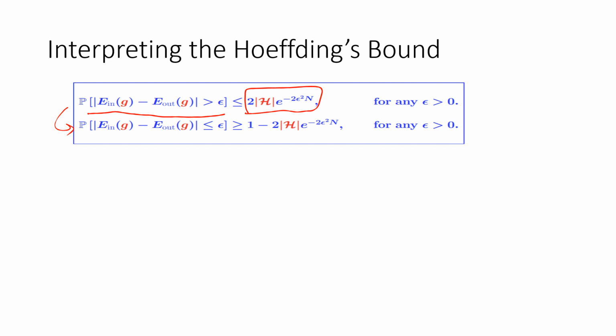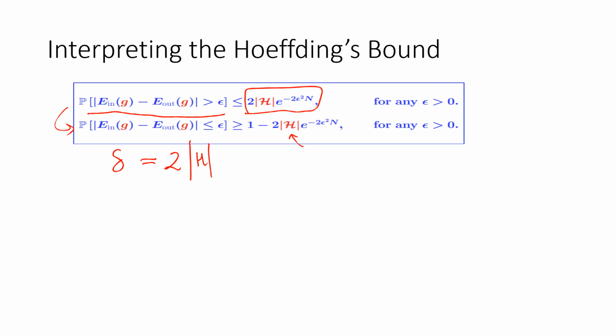Okay. So now I'm going to state a theorem here that will further add to our understanding of the relationship between E in and E out. Okay, and I'll try to make things concise by introducing this delta. So now delta stands for 2|H|e to the minus 2 epsilon square n. And by the way, I think I forgot to mention, we had m here earlier, if you remember the derivation that we did.